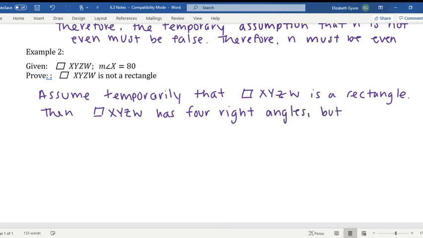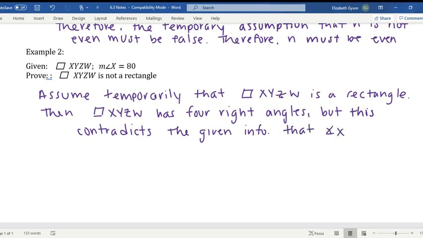But this contradicts the given information that the measure of angle X is 80 degrees. So that angle X has a measure of 80 degrees.